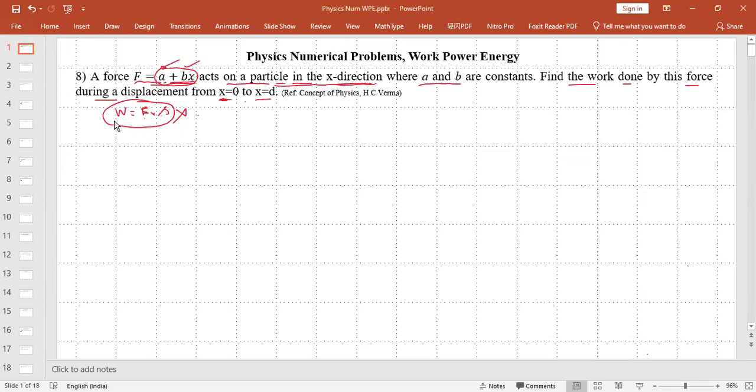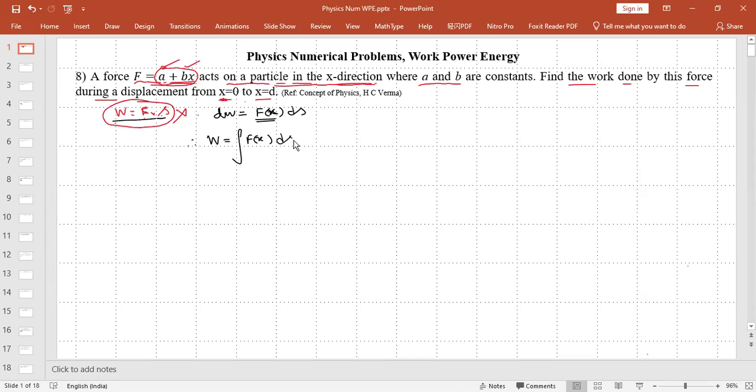Here, the original equation is W equal to Fs. In terms of differentiation, the equation will be dW is equal to F(x) dx. This F(x) means F is a function of x itself, which is given. So if you integrate both sides, total work done is equal to the integration of F(x).